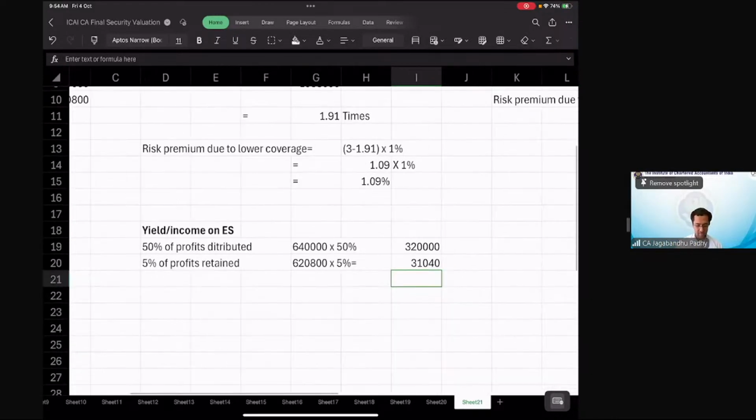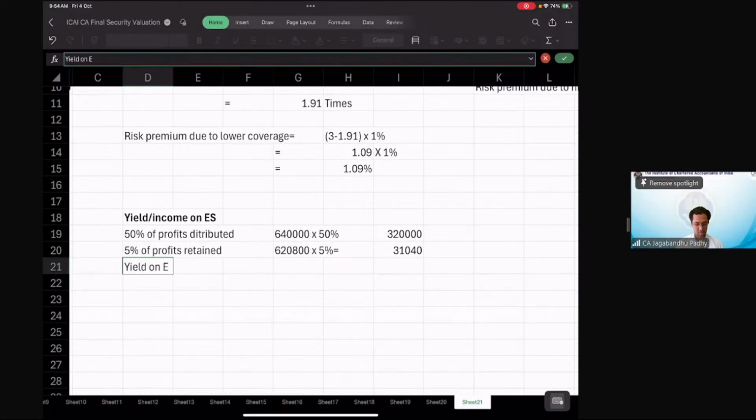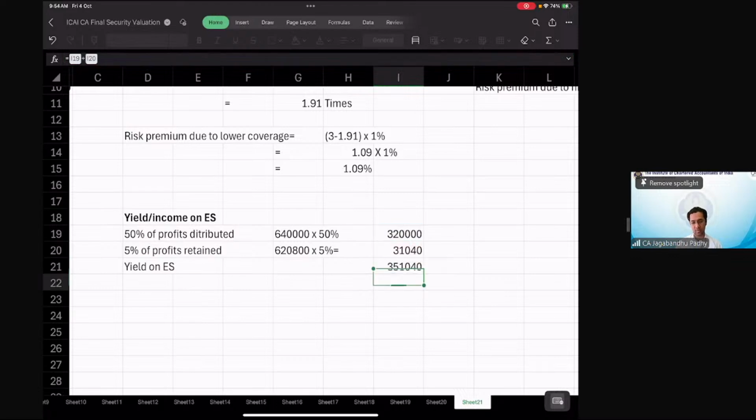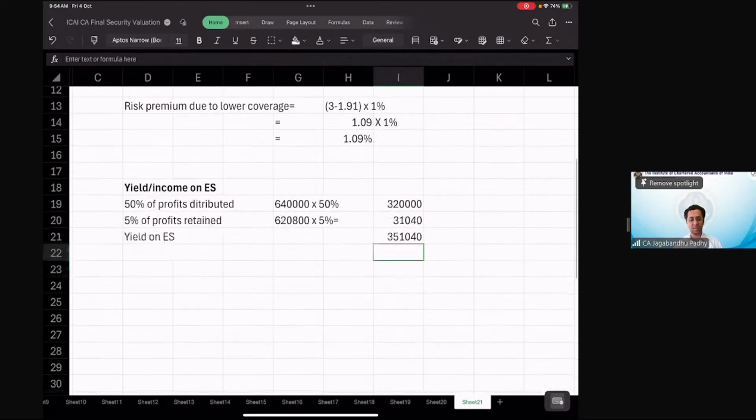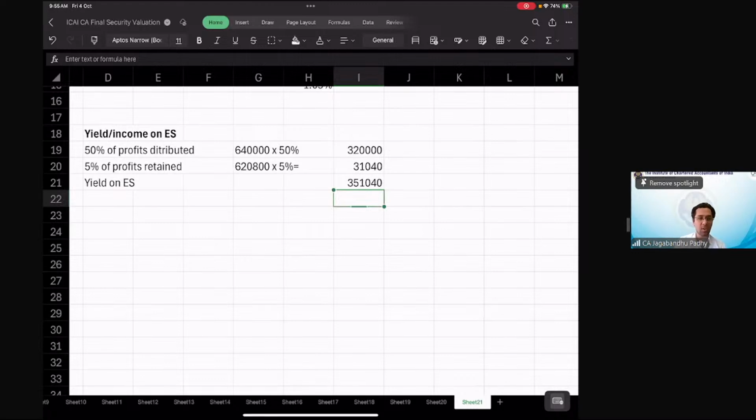The total yield that we have, yield on equity shares, is totaling to this number. So just like dividend, we have the yield or income on equity shares to be considered as 3,51,040. Okay.